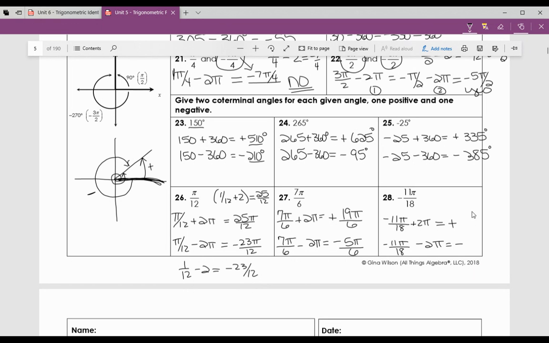So what positive outcome did you get here? 25 pi over 18, and then the negative outcome? Perfect.